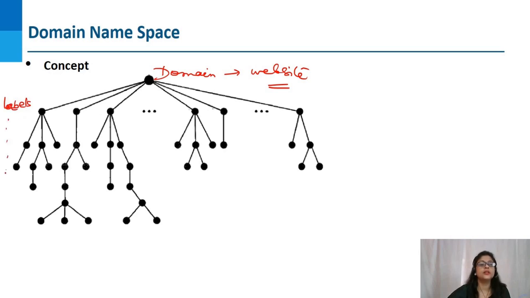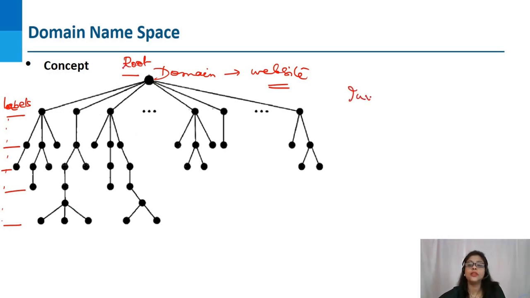So these are all the levels. This is one level, this is one level, this is another level. Like this, it goes up to this level, and this level is known as the root level. So it is in the form of an inverted tree.